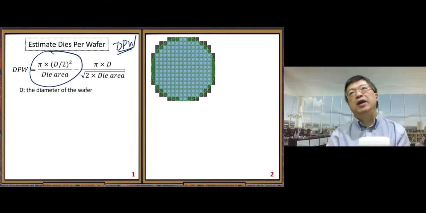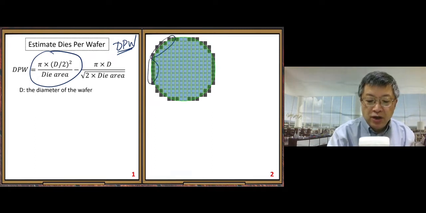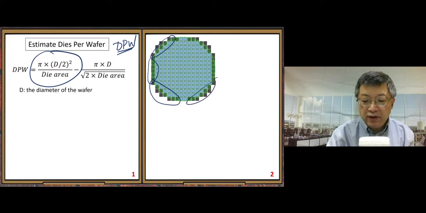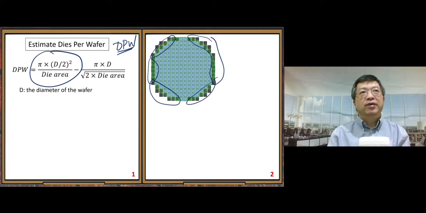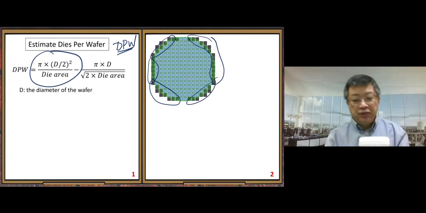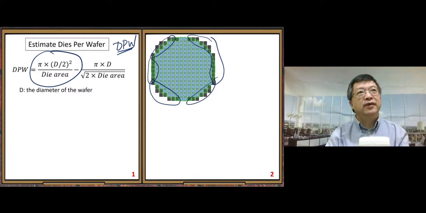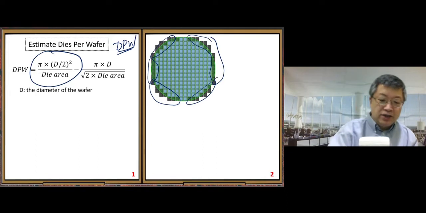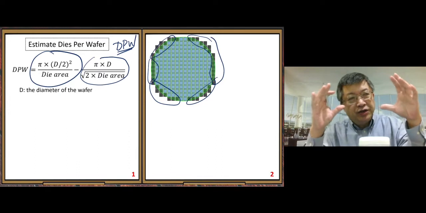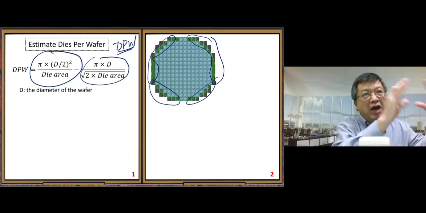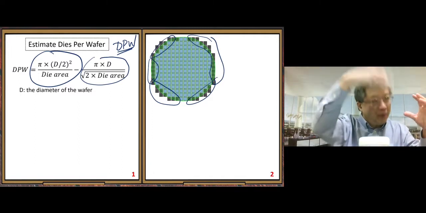That's not accurate, right? Because we know some of the area cannot be used to produce good dies. We call these edge dies, and these edge dies should be removed. So the second term, minus the second term, is the correction term. Because of the first term, we overestimate compared with the real number.